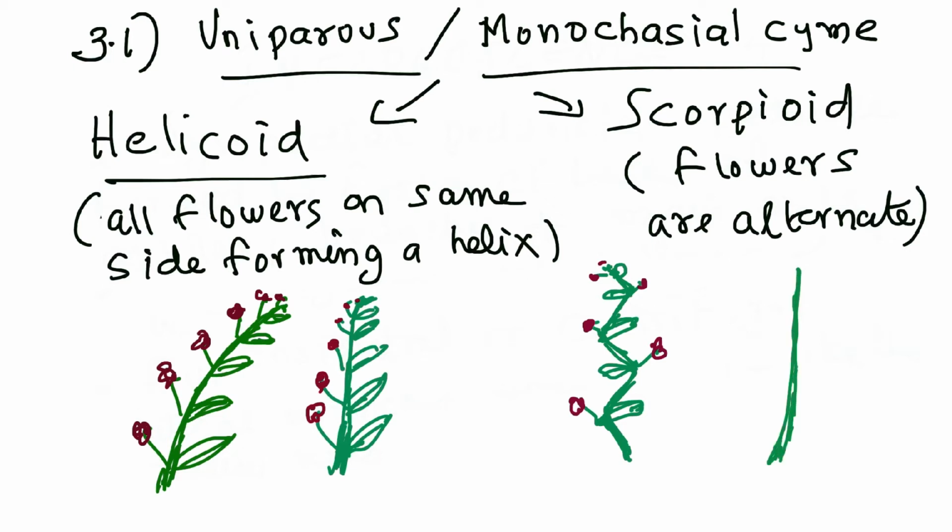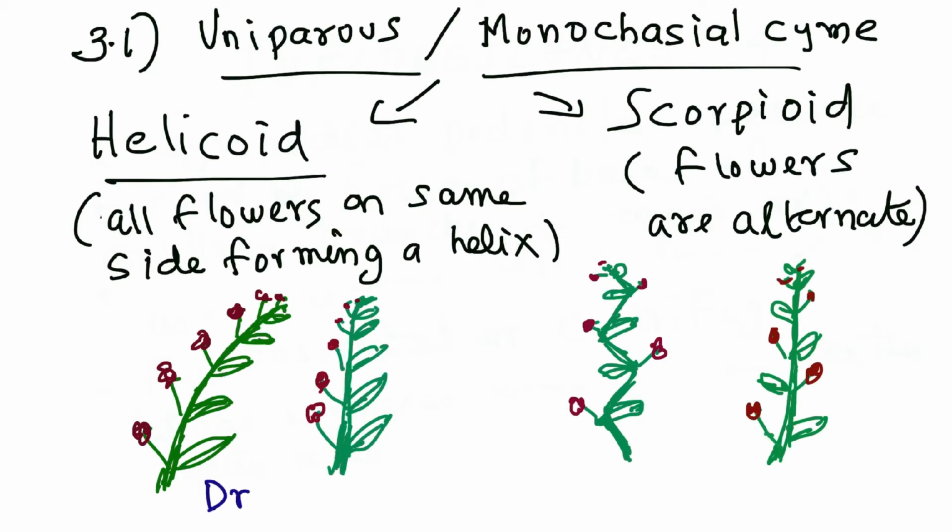So note the point. It will be quite easy to remember these two divisions of the monochasial cyme if you remember the diagram; that will be the best method to remember. So the helicoid variation of the monochasial cyme, as well as the scorpioid variation.